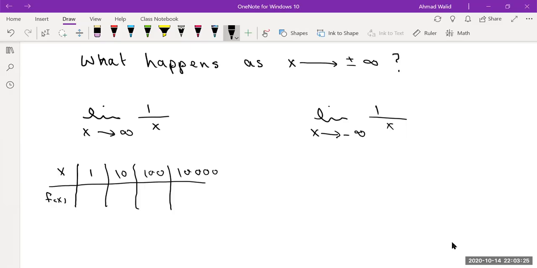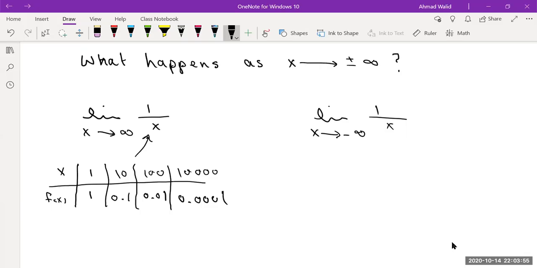When you plug 1 into this function, 1 over x, 1 over 1 gives you 1. When you plug in 10, it will be 1 over 10, which means 0.1. When you plug in 100, it gives you 0.01. And if you plug in 10,000, it gives you 0.0001. Correct? What do you see?